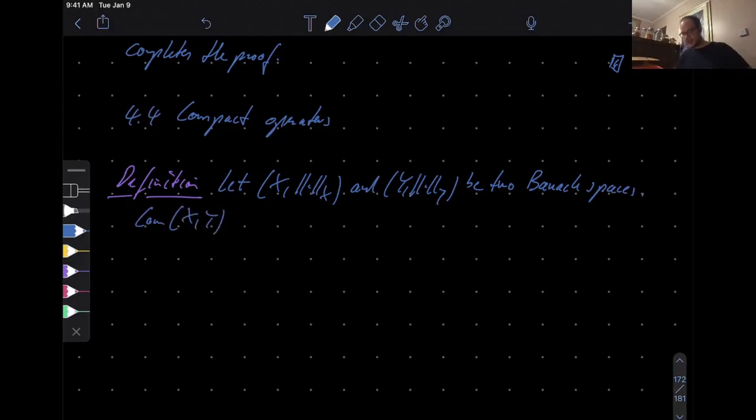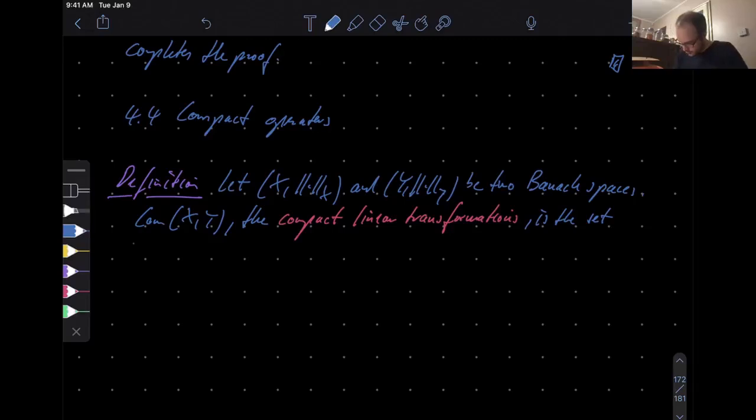So here's a notion, COM(X,Y), COM for compact. This will be the set of compact linear transformations, which are bounded linear transformations. I like to build boundedness into the definition.